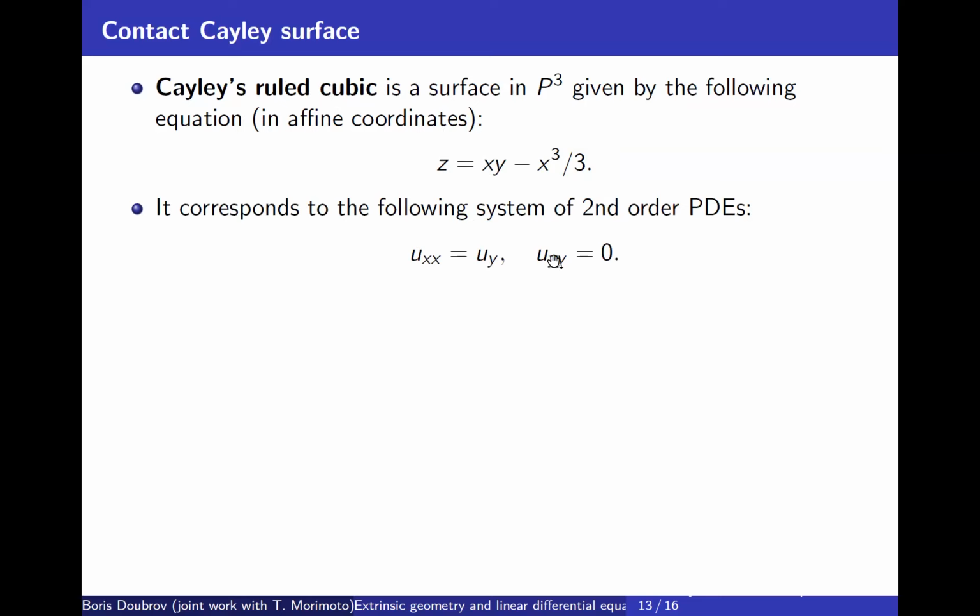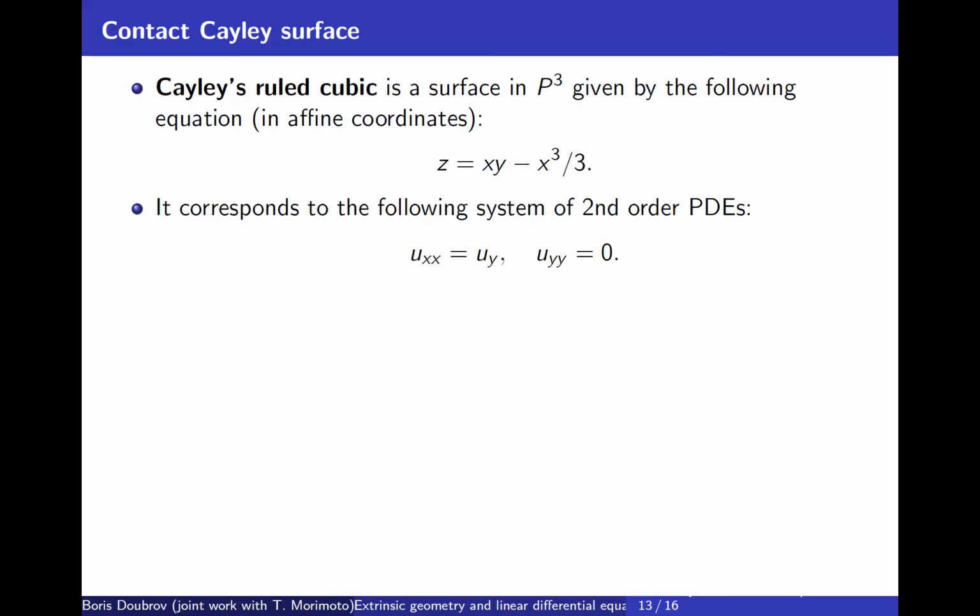u_xx is equal to u_y and u_yy equal to 0. So if you solve this system, we get a four-dimensional solution space. And if you interpret this four-dimensional solution space as projective coordinates of certain embeddings, that's exactly this Cayley's ruled cubic. It's also known to be a submaximal surface among all hyperbolic ones in P3.